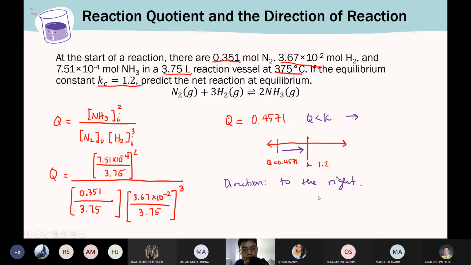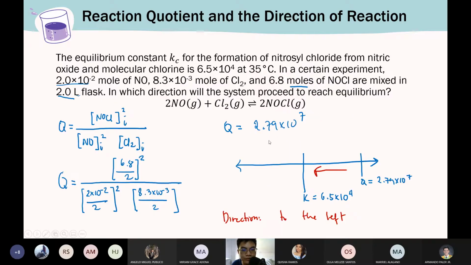That's why the direction is to the right. And the product needs to be converted to reactant so that we can establish the equilibrium. That's always the goal: to establish K, or the equilibrium.